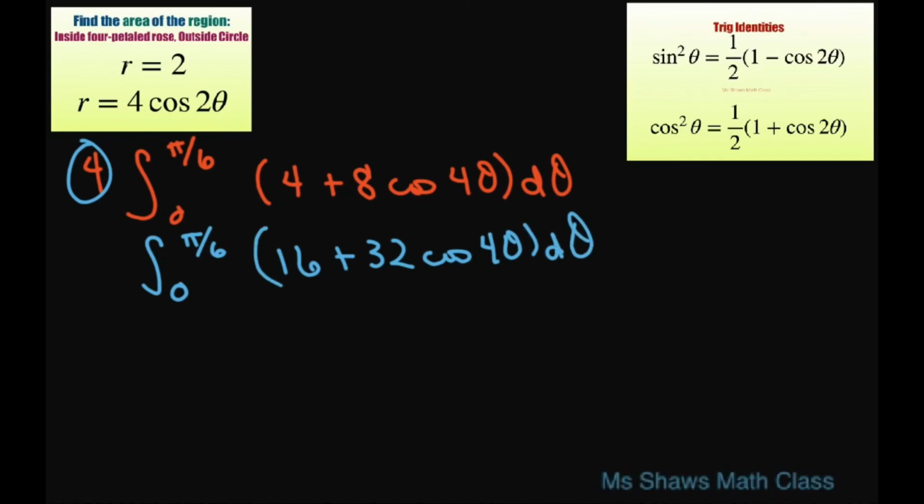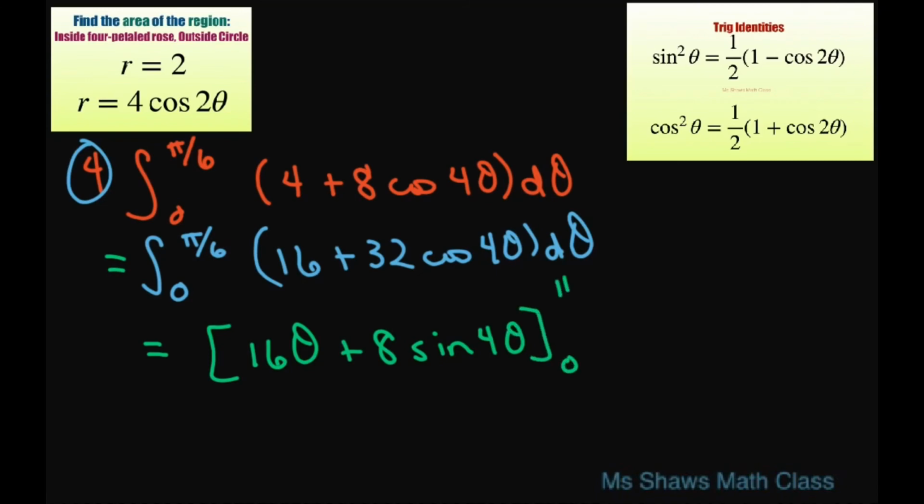Okay, so let's integrate. This is going to give me 16 theta plus 8 sine of 4 theta. And then we're evaluating from 0 to pi divided by 6.